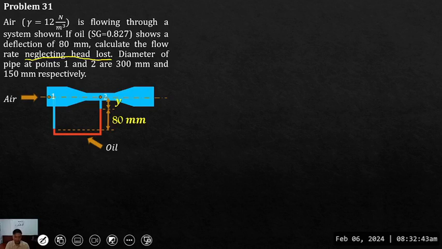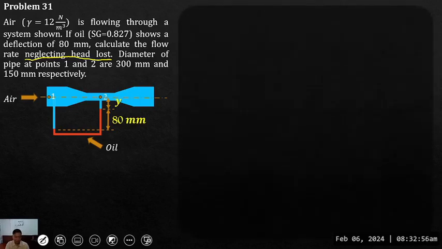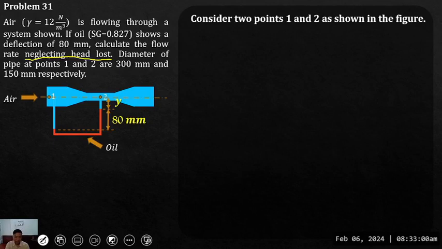Alright. So to solve for the flow rate, no, our solution will have to start with the Bernoulli energy equation. Okay? So we will consider point 1 and point 2 as shown in this figure. Point 1 is the point where the pitot tube is placed, or yung pointed end niya.